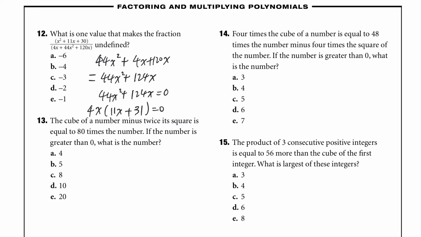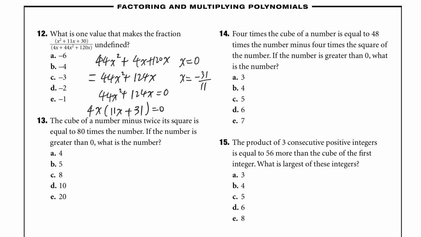I'm just checking my work to make sure that I did this correctly. And if I factor out 4, I have 11x plus 124 divided by 4 is 31. So in my case, x would be 0, or x would be negative 31 over 11.